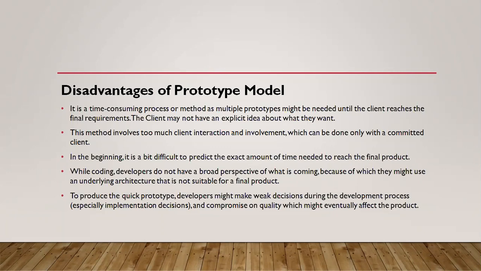The client may drop, or the developer may drop, anybody may drop in the middle itself, because a trial and error mechanism is applied in this prototype model. Clear?